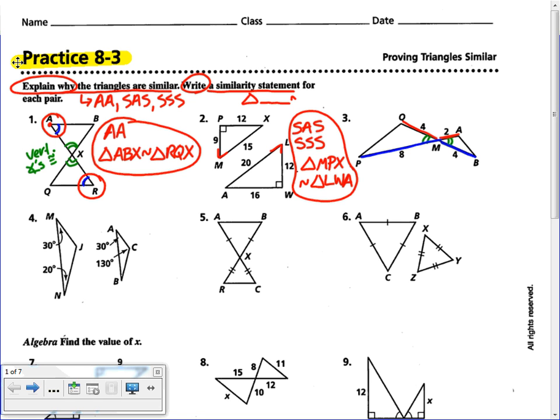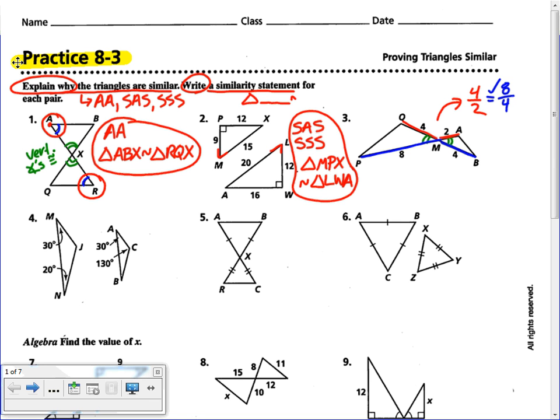So let's form my ratios, 4 over 2, and I want to know if that's going to be the same as 8 over 4. And yes, they both reduce to be 2 over 1. And so the sides are in proportion to each other, and the angle between is congruent.